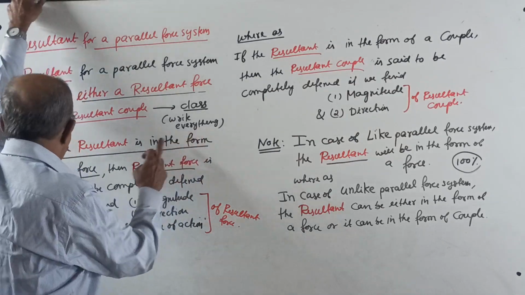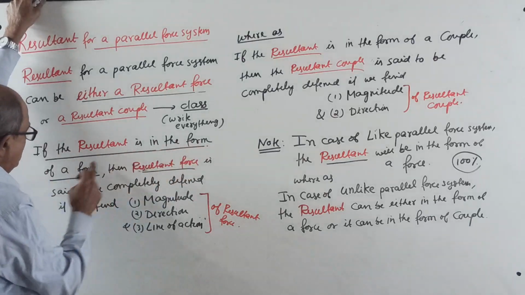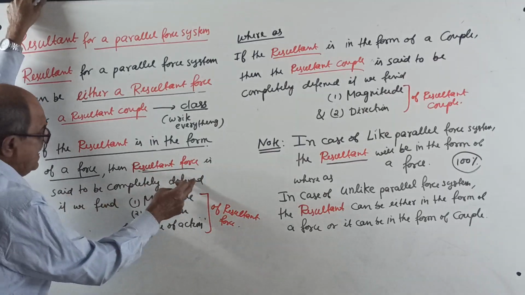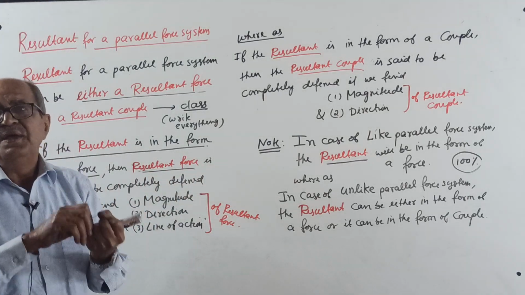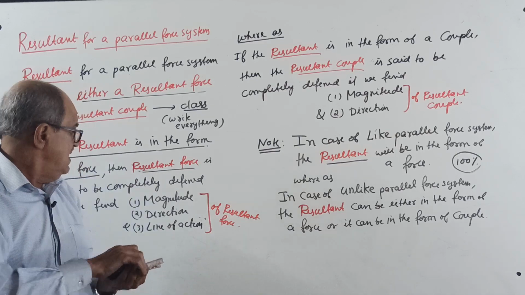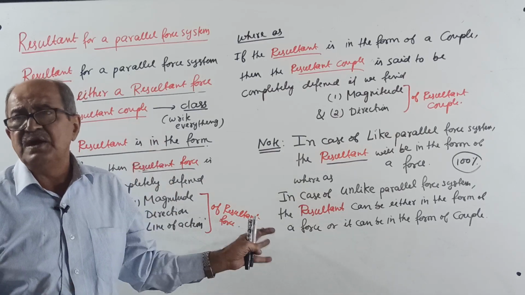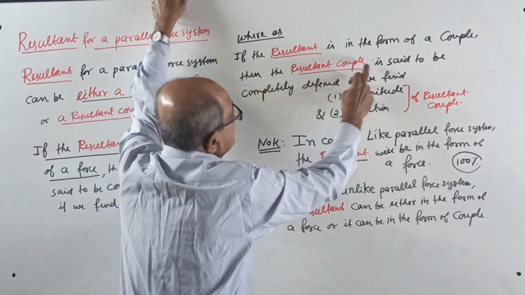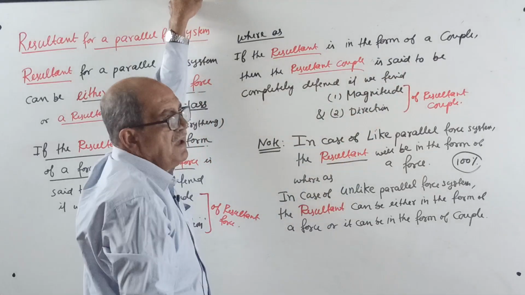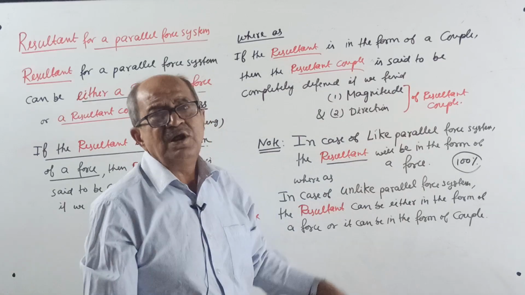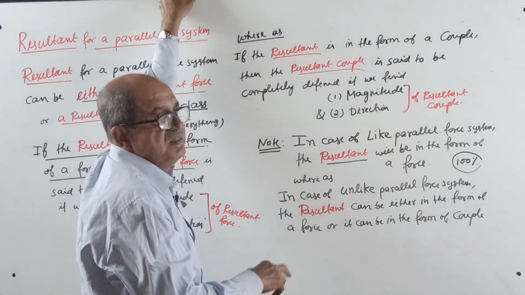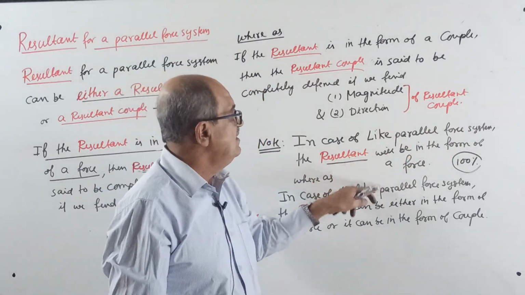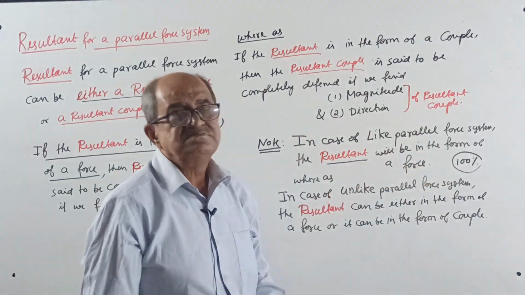So write everything. Now, if the resultant is in the form of a force, then the resultant force is said to be completely defined if we find, same as earlier, the magnitude, direction and line of action of the resultant force. Whereas if the resultant is in the form of a couple, then the resultant couple is said to be completely defined if we find magnitude and direction. There is no line of action for a couple. Okay. Now, note, in case of like parallel force system, the resultant will always be in the form of a force, 100%.